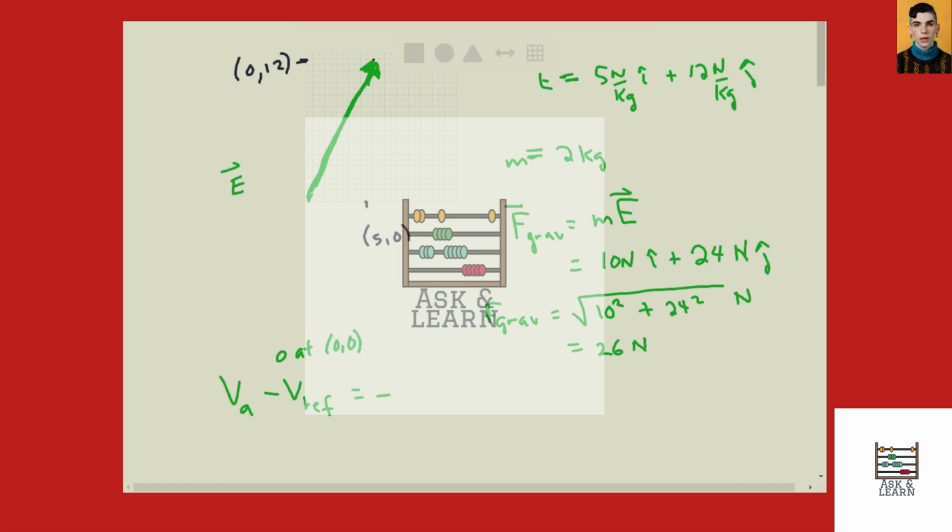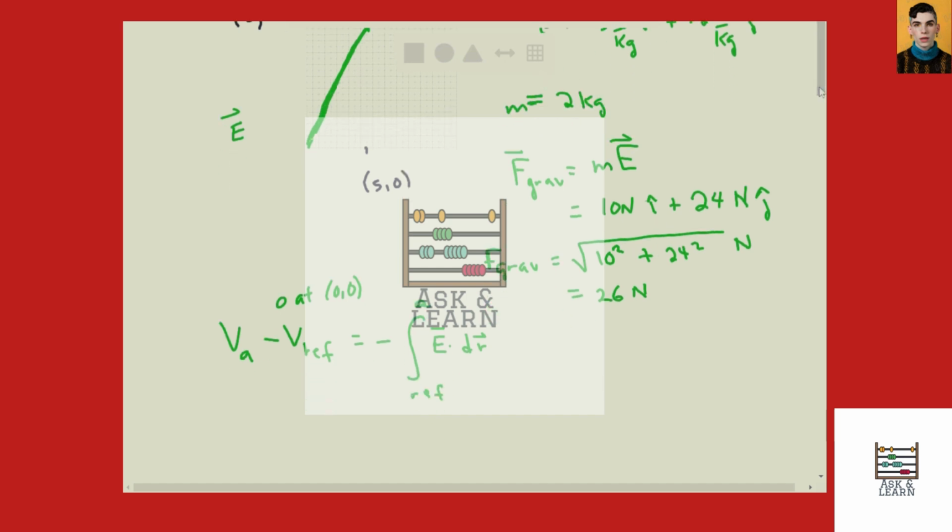And that is minus the line integral of, in the case of electricity, the electric field times the path, called a line integral, from the reference to point A. Okay, so here we're going to just find that potential for 2 points and see if it makes some sense.